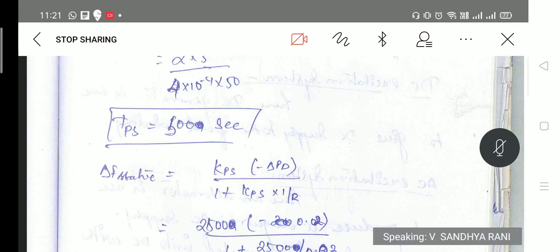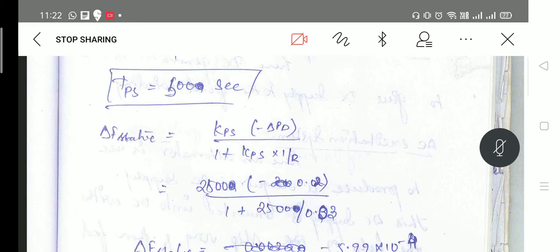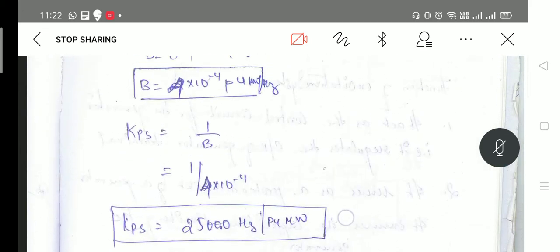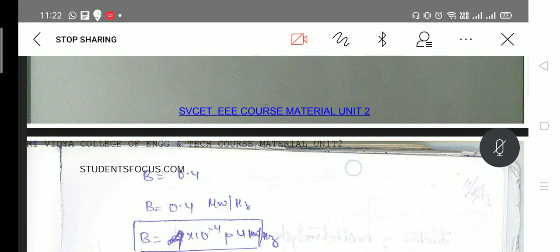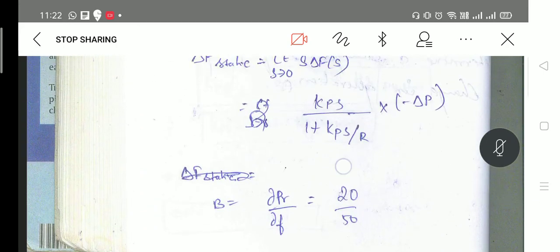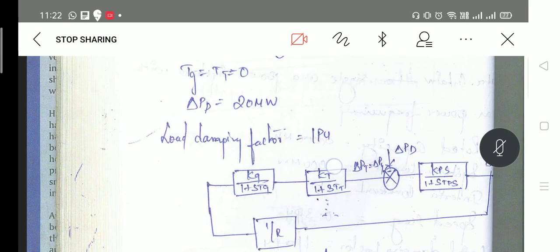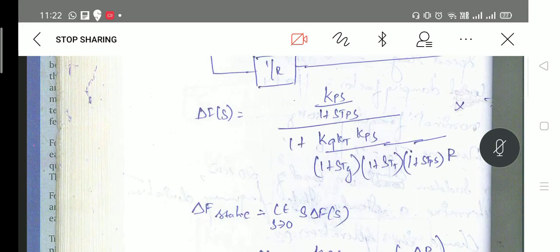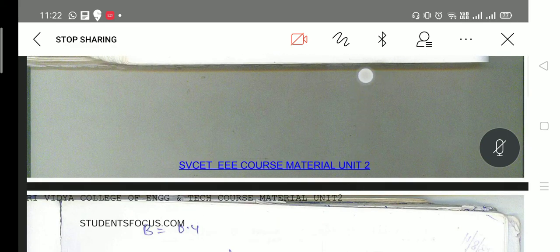Delta F static value, we already know this formula: Kps by 1 plus Kps into 1 by R into minus delta PD. All those values we know. Here Kps value is 2500 and delta PD value is 0.02. Here 20 megawatts, so I am taking 0.002.